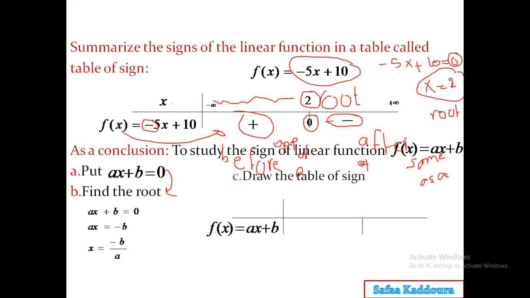We put here f of x, we put here x from minus infinity to plus infinity, and we write here the root. At the root, the value of f of x is 0. Before the root, the sign is opposite of a, and after the root the sign is the same as a.